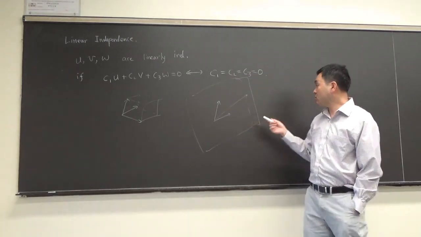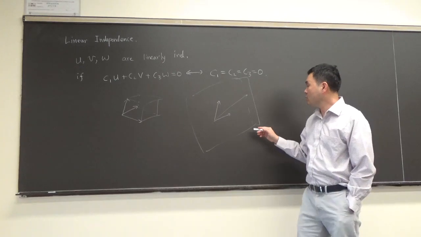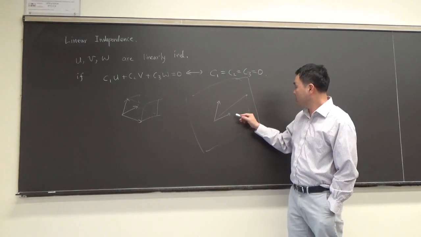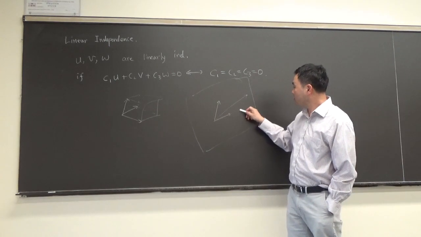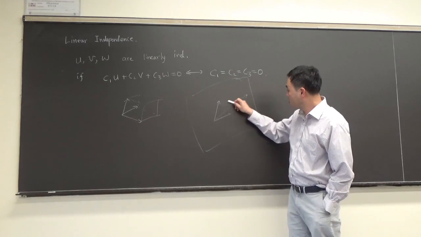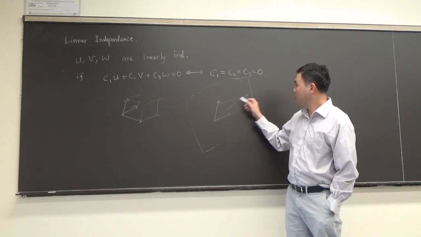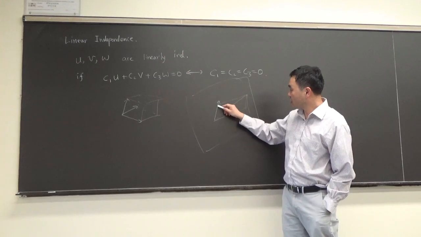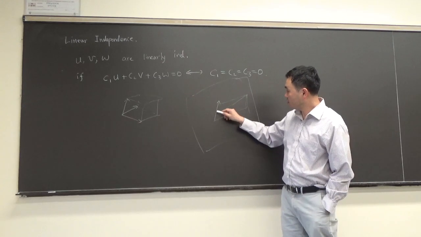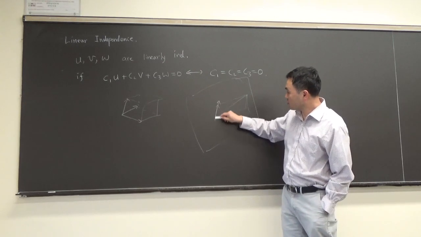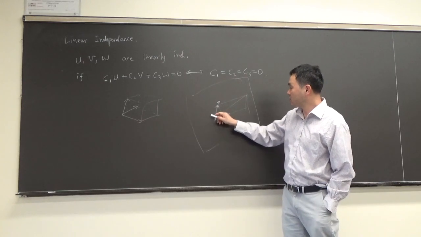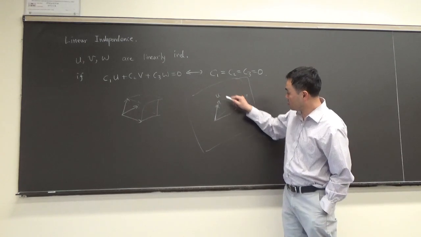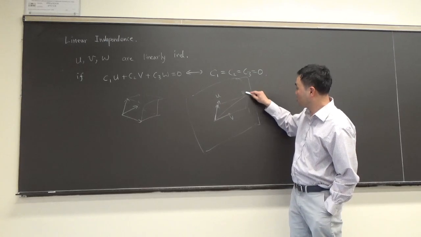So if it's still on the same plane, then there is some linear combination where, let's say, this is u, and that's v, and let's say this is w.